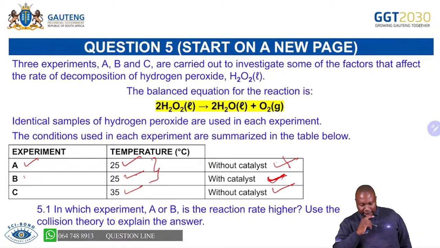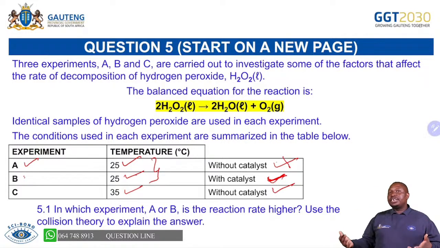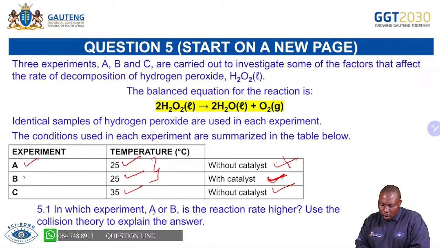So you are able already to see the factor that is affecting the rate of reaction. In this case, they're asking which experiment, A or B, has the highest reaction rate. Use collision theory to explain the answer. A, no catalyst.